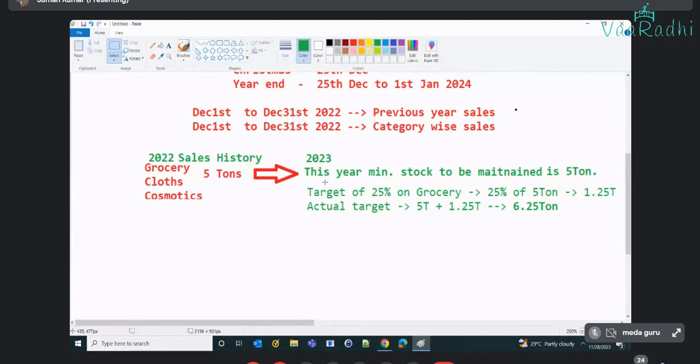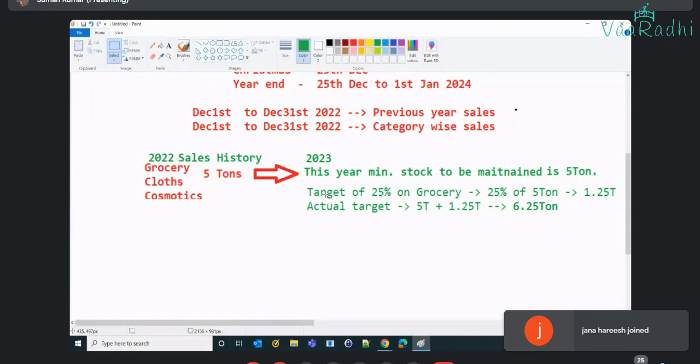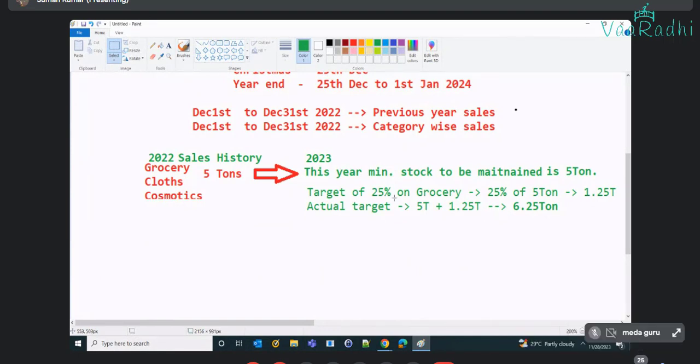So what will they do? The supermarket owner insists to his workers, guys: last year 5 tons of grocery we sold out. Now this year, try to focus on increasing that percentage by 25, so that my total grocery sales need to be 6.25 ton minimum.